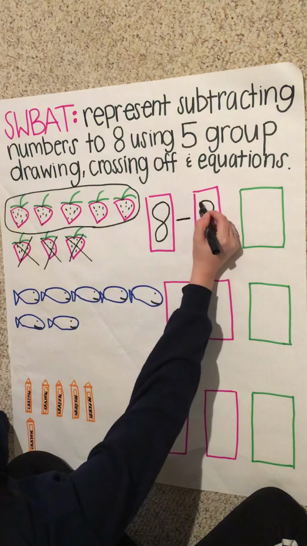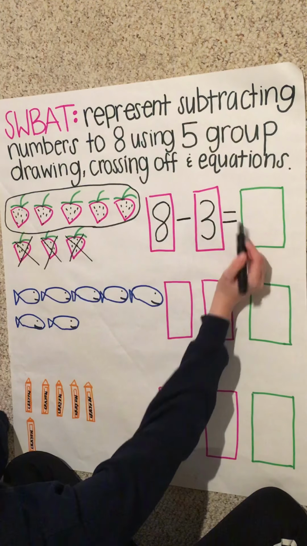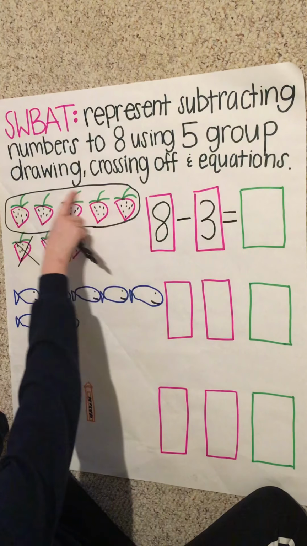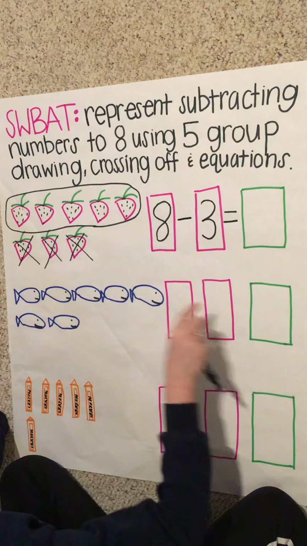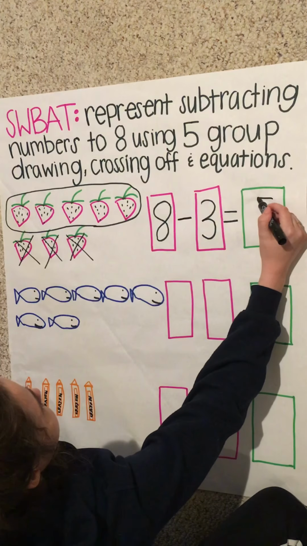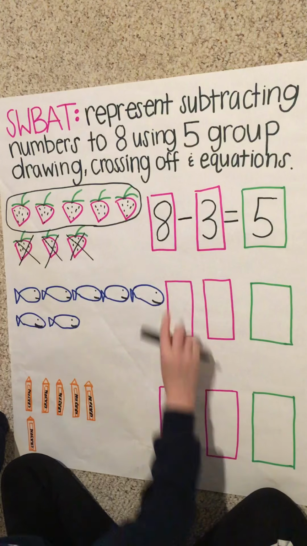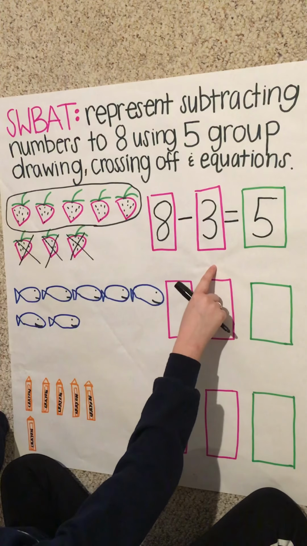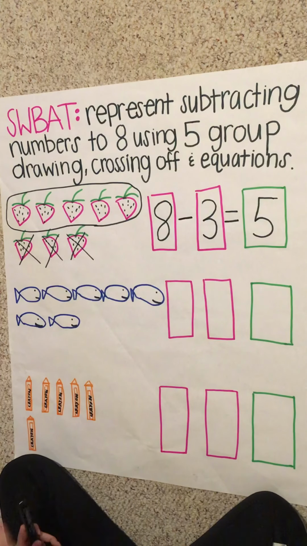And then we know that we need an equal sign to show how many we have left. And then we can look up to our first part to show how many we have left. How many do we have left? 5. Good job. 5 strawberries left. So repeat after me. 8 take away 3, or 8 minus 3 equals 5. Nice job. Let's go on to our next story.